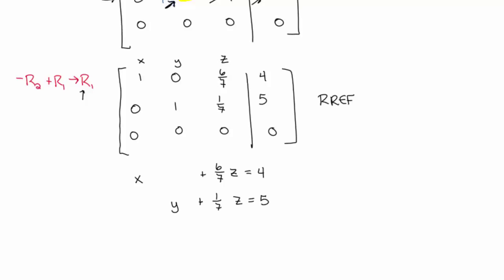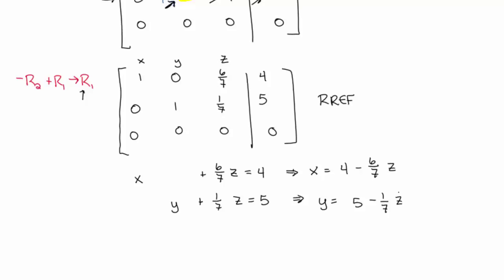We don't have another row because the other row is all zeroed out. In other words, x is equal to 4 minus 6/7 z, and y is equal to 5 minus 1/7 z.